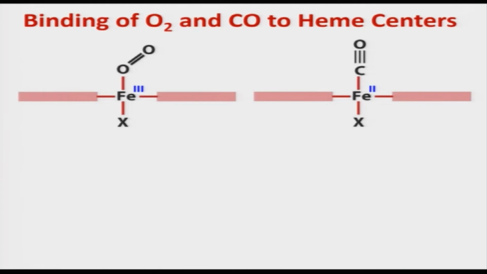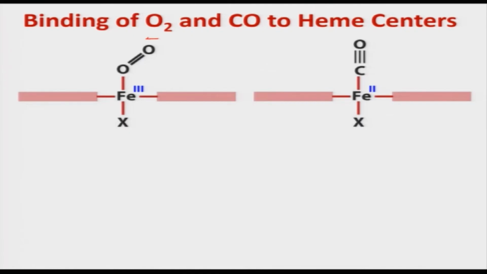As I have said, iron centers bind dioxygen, and then the iron would be iron(III), and this would be O2 minus, superoxide. So, iron(III) superoxide. However, carbon monoxide binds to the iron center, so this iron remains iron(II), and carbon monoxide is a neutral ligand.